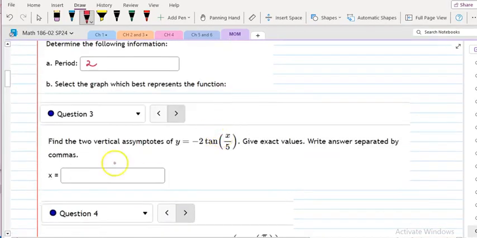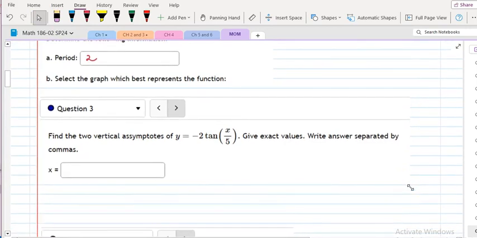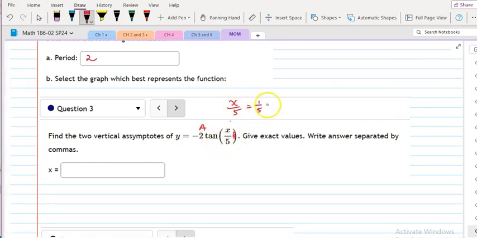So we have negative 2 tangent x over 5. What are the vertical asymptotes? We just need asymptotes. To do that, we need to calculate the period of this function. This is a, and this is the b, right? B is whatever is multiplied by x. If I have x over 5, that means it's 1/5 times x.